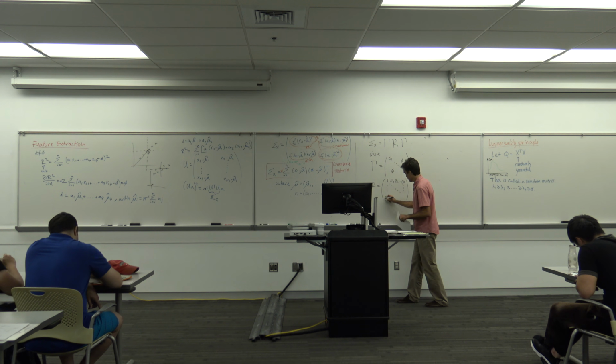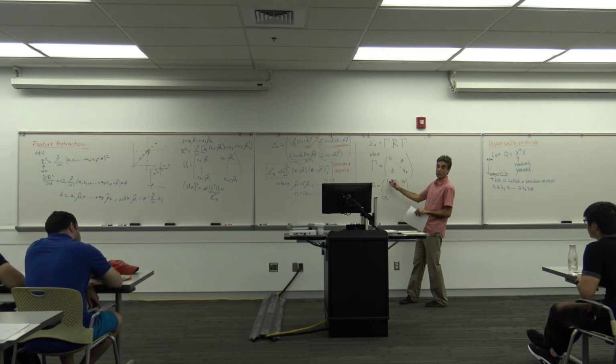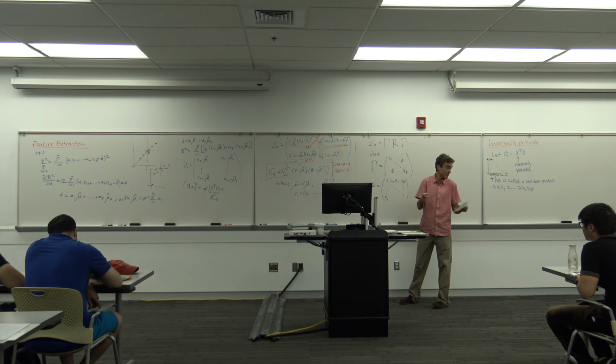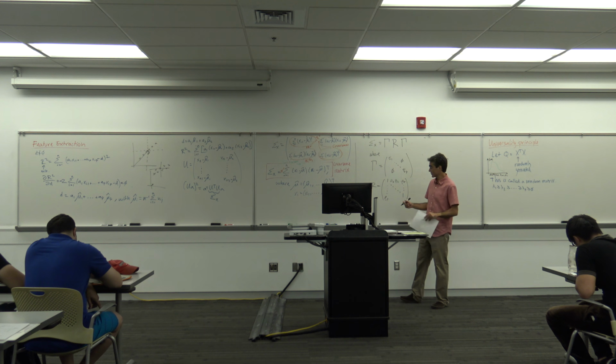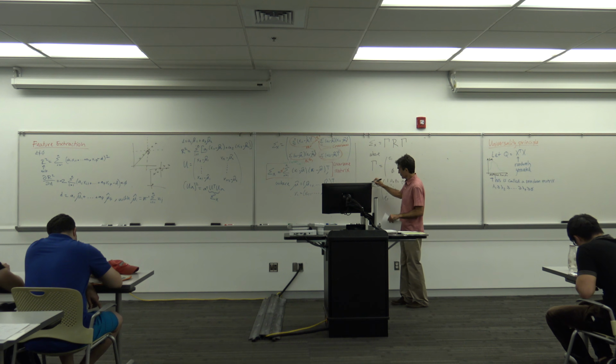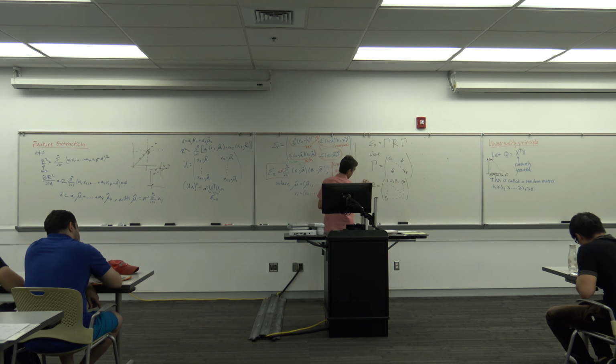That would be rho of 1p. It should be p1, but p1 and 1p are the same. So I'm just going to call them like this, okay? And anyone ventures to guess what this R is called? Remember, these are called correlations, so it's not a tricky question. The correlation matrix.